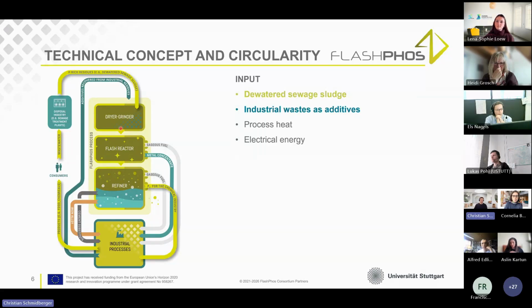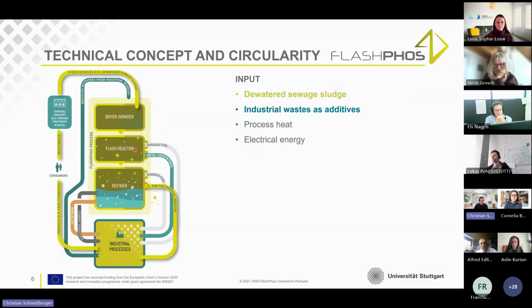In the dryer grinder, in a combined step, the sewage sludge will be dried and simultaneously ground to a particle size where it can be used in a flash reactor, which is basically an entrained flow reactor. So the aim is to produce a very fine and dry particle in the dryer grinder.